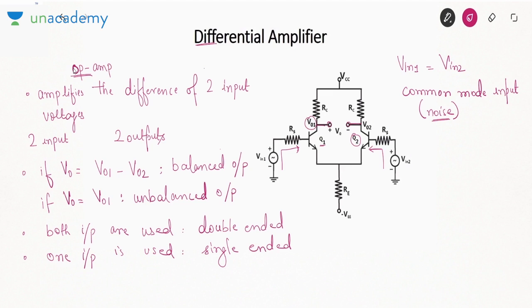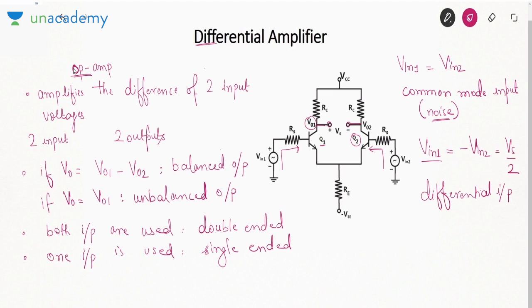The noise will enter equally into both the terminals. So common mode input represents the noise. And if Vin1 equal to minus Vin2 equal to Vs by 2, that is called differential input. That is, if both the input signals are opposite of each other, then differential input. If both are the same, then it is common mode input.